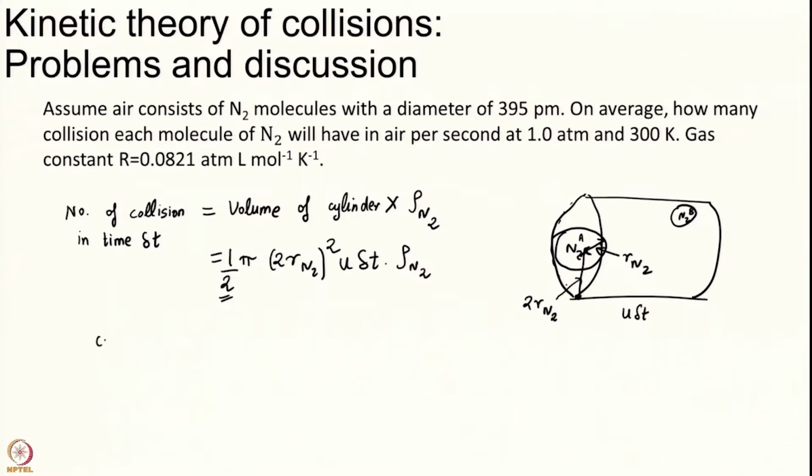So, collisions per unit time will simply be half times 4 pi R N2 squared times u, and this u in collision theory we replace by the average thermal speed.